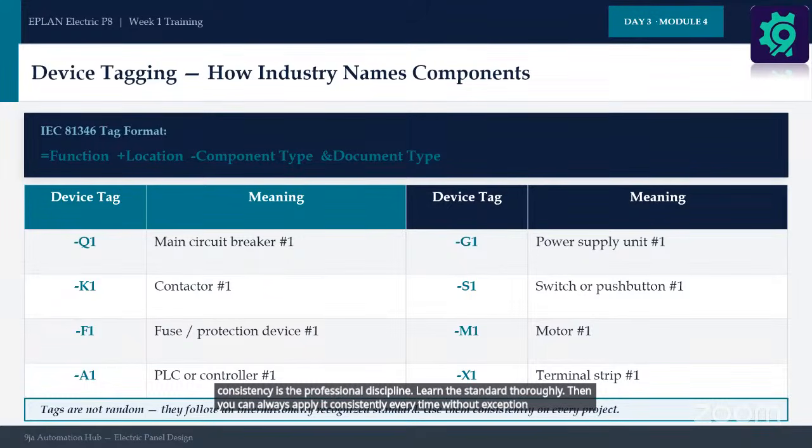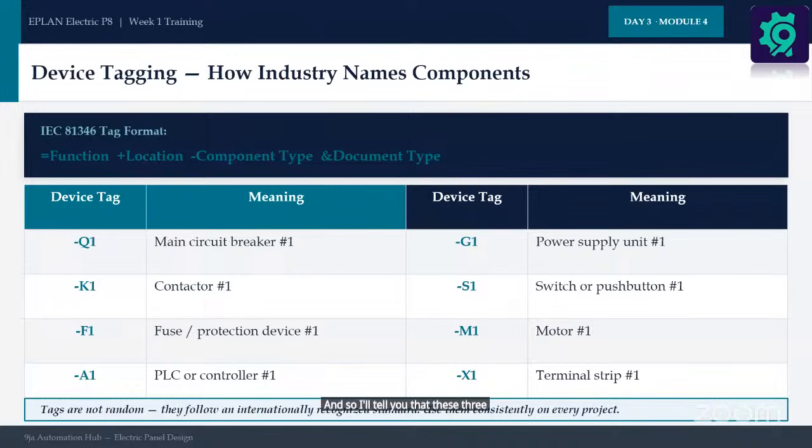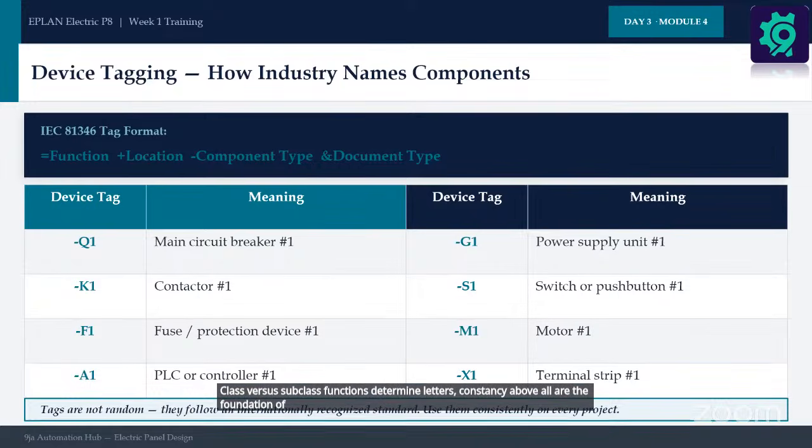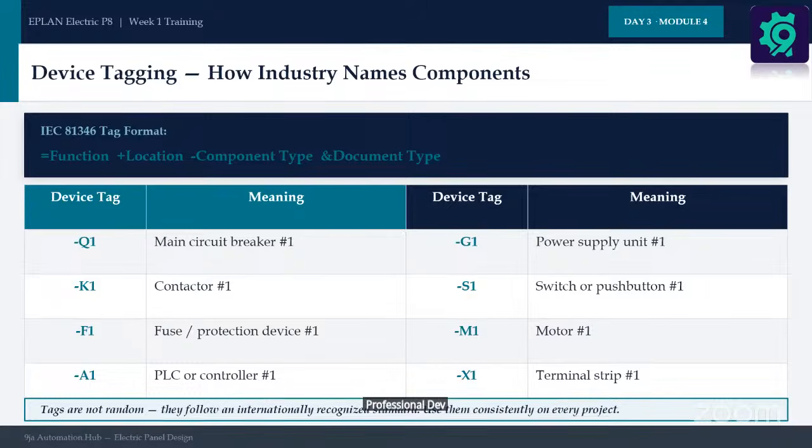And so I'll tell you that these three principles, class versus subclass, function determines letters, consistency above all, are the foundation of professional device tagging practice. So you should learn to keep them handy. I've given you so many things to keep handy.